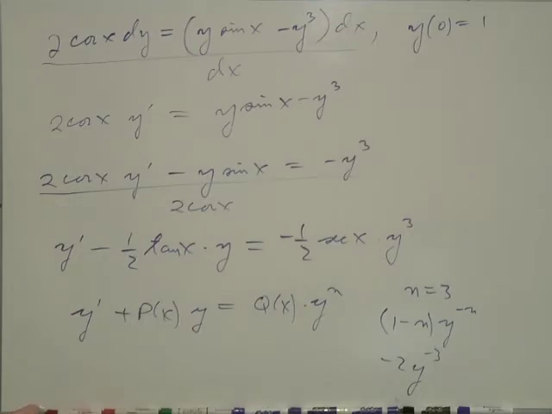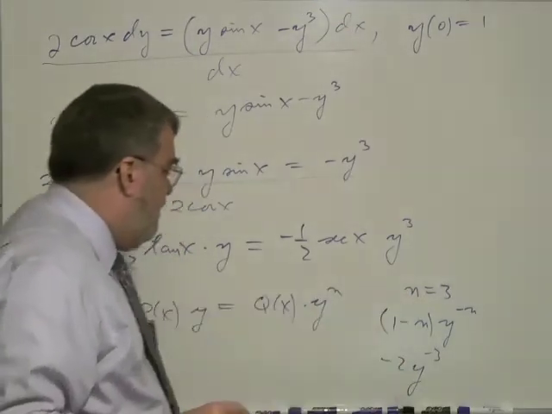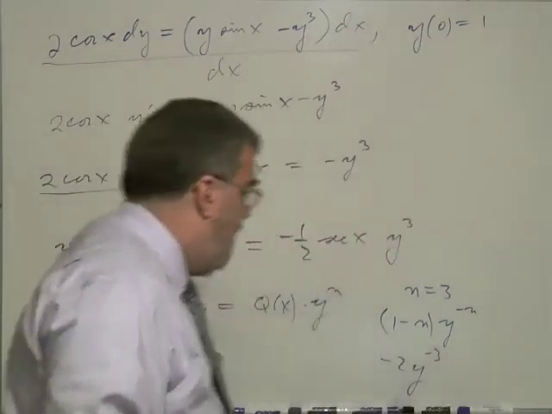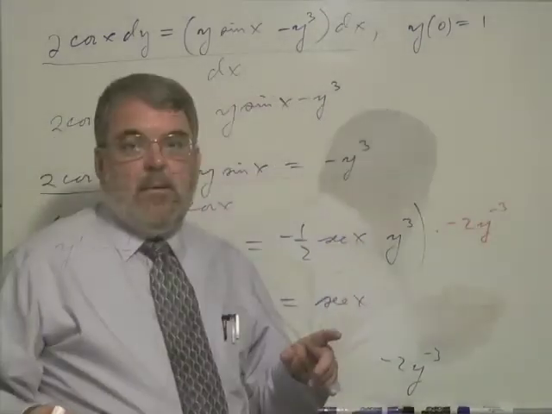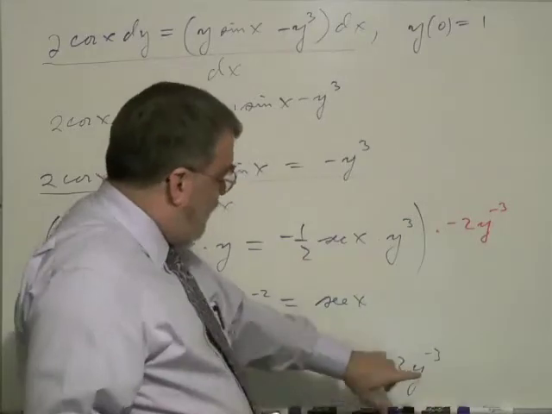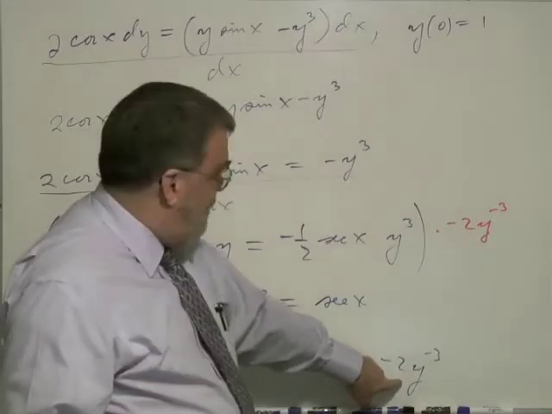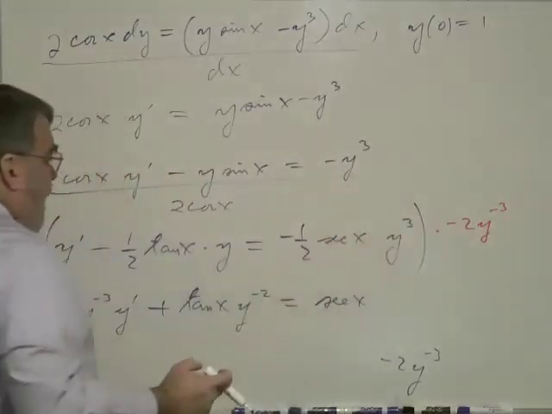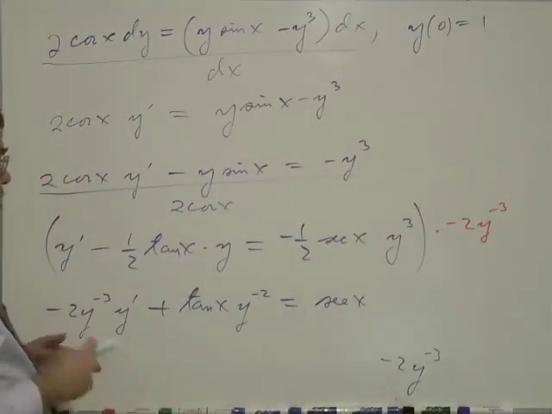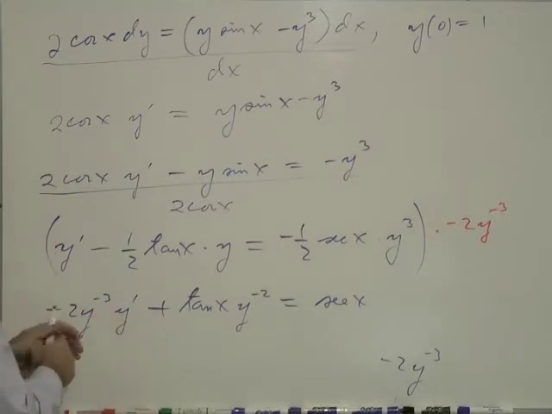Alright, so let me erase this stuff here and multiply by this factor. So I took minus 2 y to the negative 3rd power, multiplied that equation I had, and when I multiply it through, I have minus 2y to the negative 3rd times y prime.